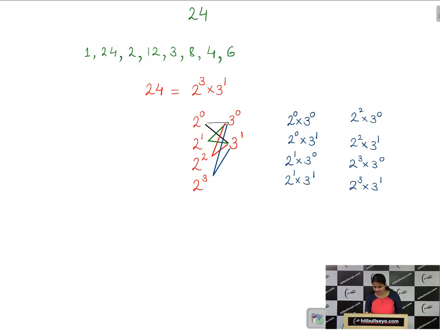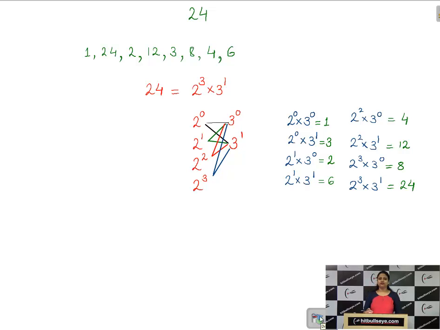If we calculate their values, it will be 1 or 3 or 2 or 6 or 4 or 12 or 8 or 24. So in total there are 8 factors of 24. Now how can we derive the formula?